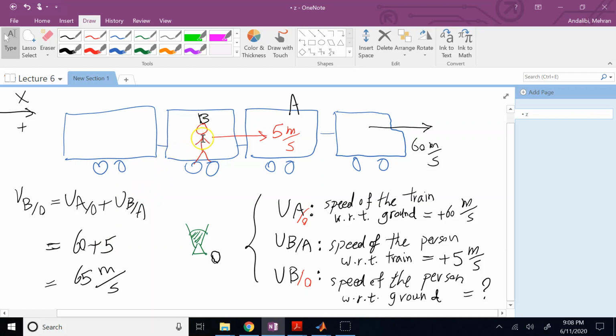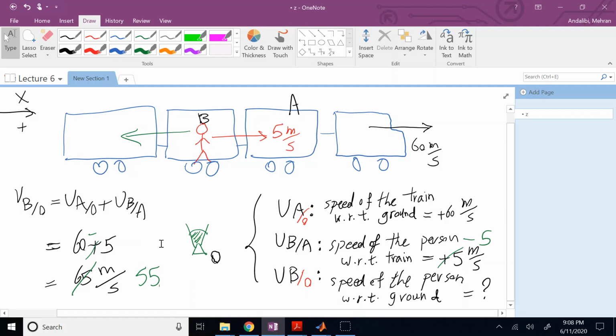So his speed is the train's speed plus his own speed with respect to the wagons of the train, which is 65. Now, on the other hand, if the person was going to the left, then V of B with respect to A would be -5, and so here would be 55, right? Because he's going in the opposite direction of the train.